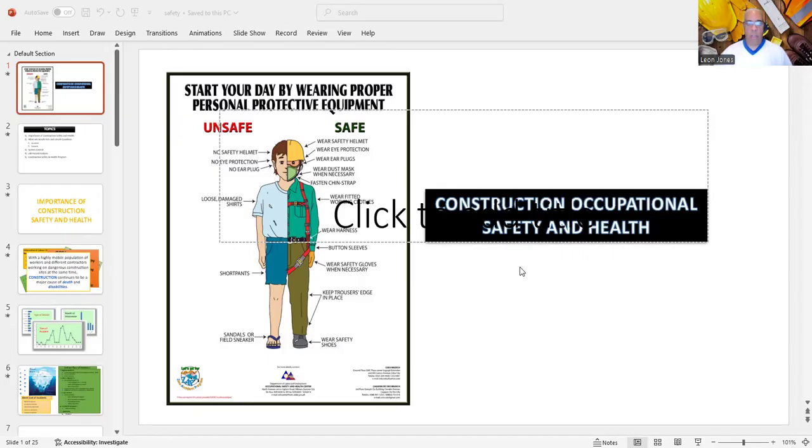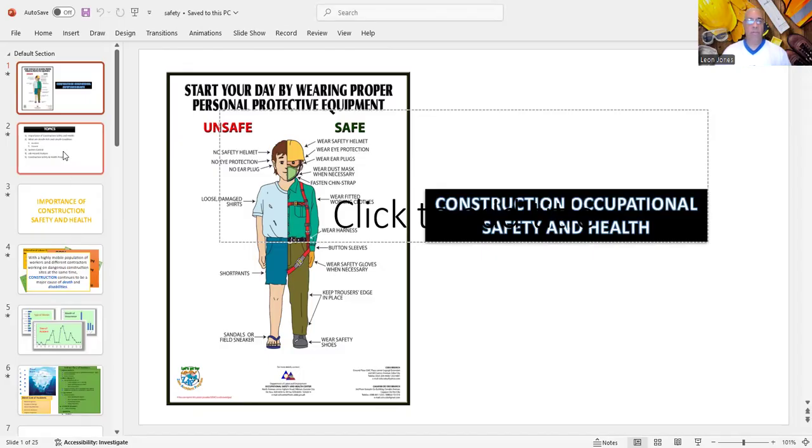Wear fitted clothing. If you're going up heights, particularly 4 to 6 feet, wear a harness, button sleeves. If necessary, wear your gloves. Keep your trousers in place and wear safety shoes.